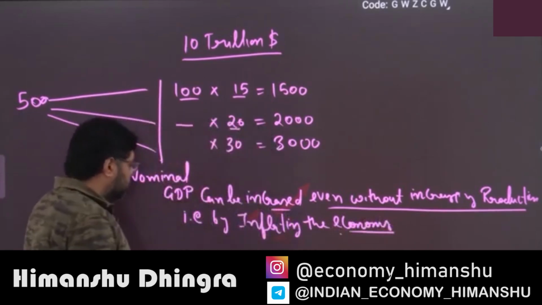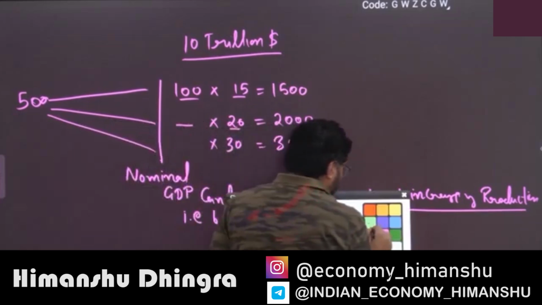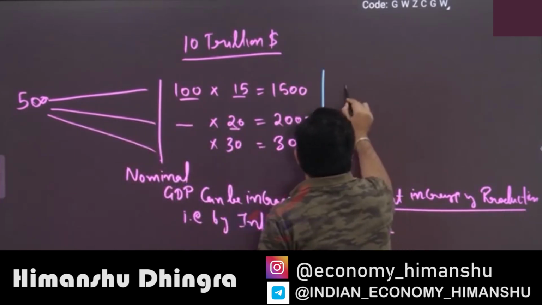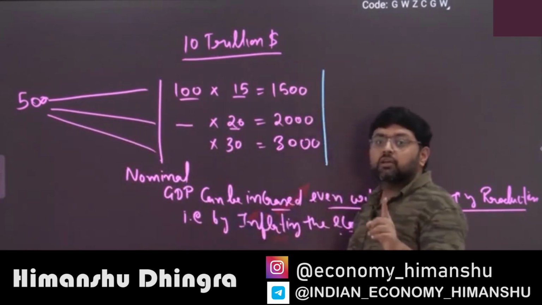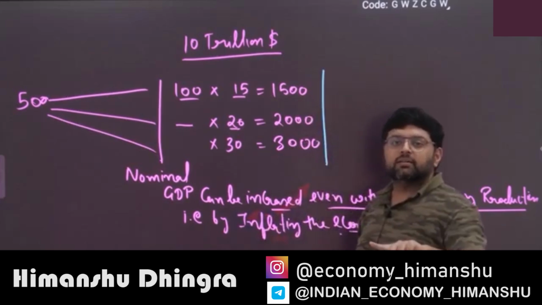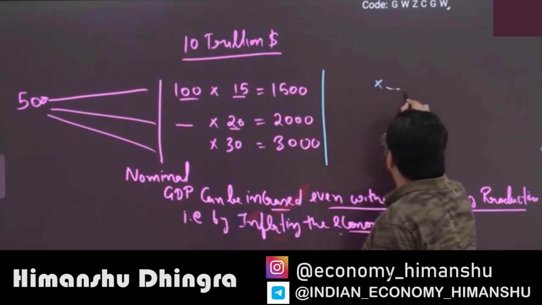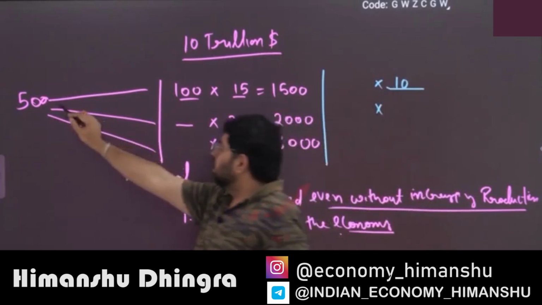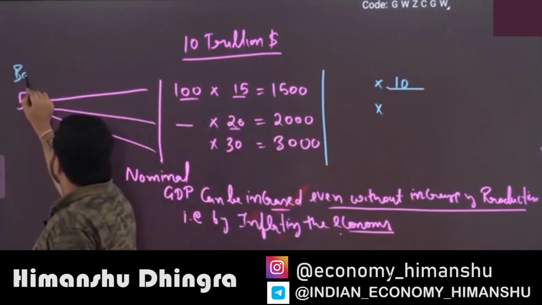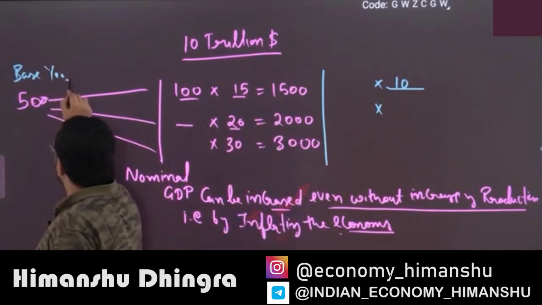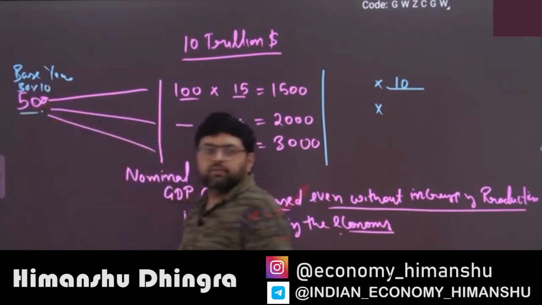Whereas in real GDP, our focus is on increasing the production, not on prices. That is why we take constant prices, so it means 10 rupees, whatever is the price in the base year. In the base year we have 50 pens and the price is 10, that is why we have 500 GDP.